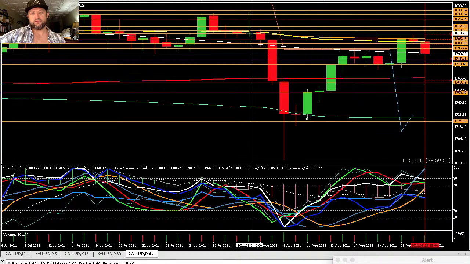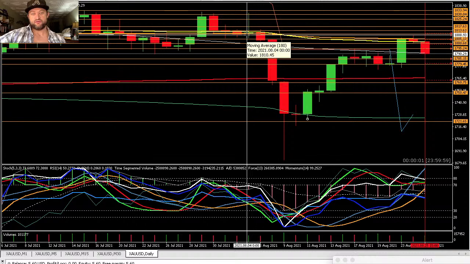I mean, let's just say you got in right there at the close of that red candle to the left. Your stop loss would have had to be 2,500 just so you didn't get taken out.